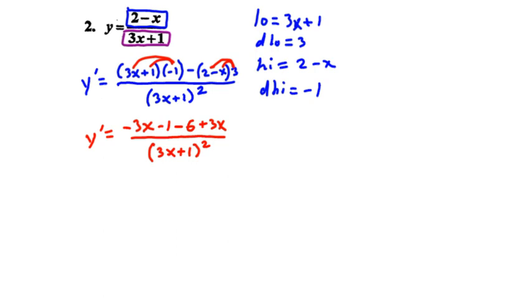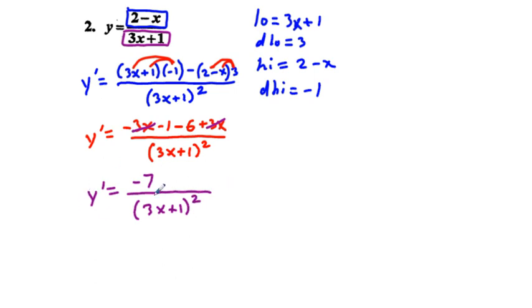Just canceling out, negative 3x and 3x cancel each other out, and we have left y prime equals negative 1 minus 6, so we have negative 7 over quantity 3x plus 1 squared. That's going to be it.